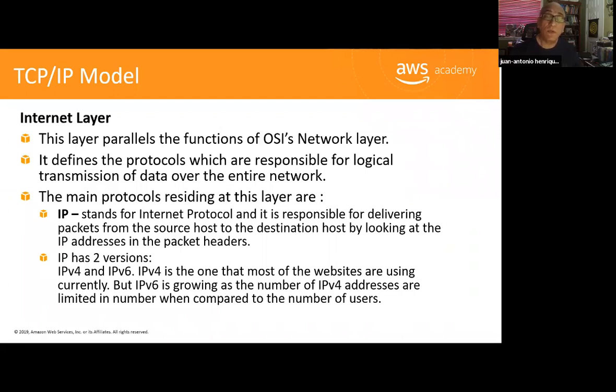So IP has two versions. We briefly talked before about the IPv4 version, which has 2 to the 32 addresses available, and there's also a newer version called IPv6. IPv4 is the one that most websites are currently using, but IPv6 is growing because, as I mentioned before, any address in IPv4 is 32 bits, so there are 2 to the 32 available addresses.